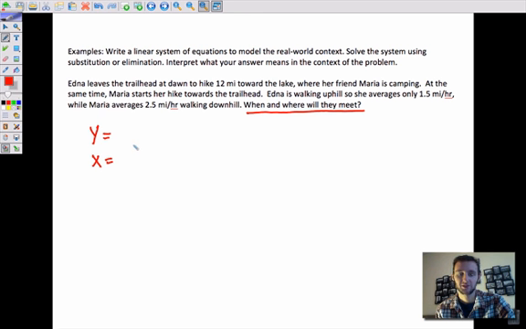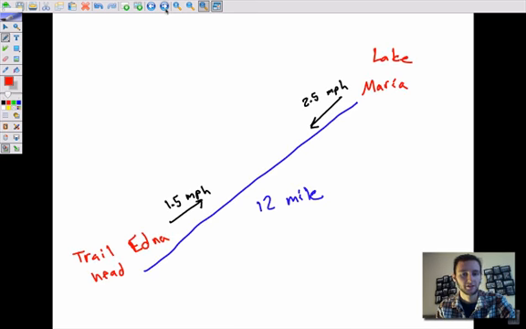Those are the two things, so those are going to be our two variables. The where can be answered by a distance, and the when by a time. The y can be the distance, and the x can be the time. So we answer that question of where, and we answer that question of when. All right, go back to our drawing for a second.